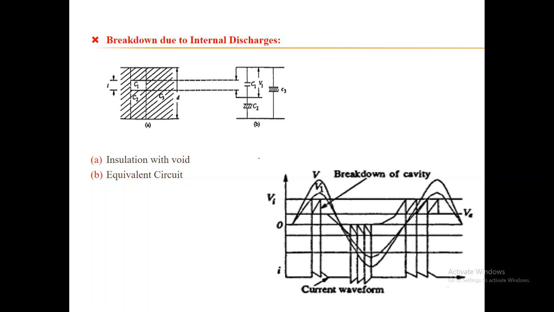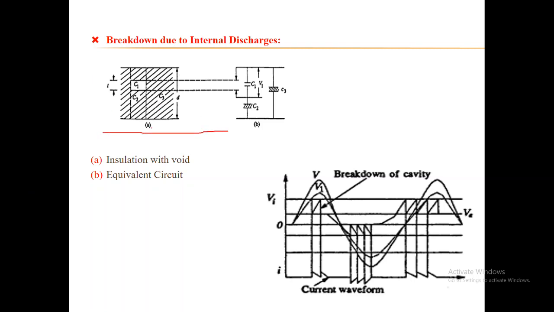So this circuit is actually representing the equivalent circuit diagram for the insulation with internal discharges. Electrical insulations with imperfections or voids leading to partial discharges can be represented by this circuitry.